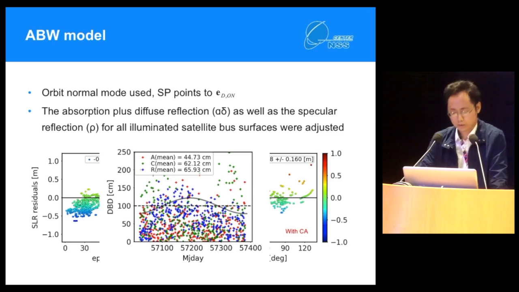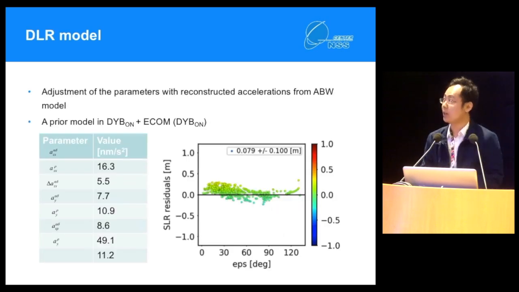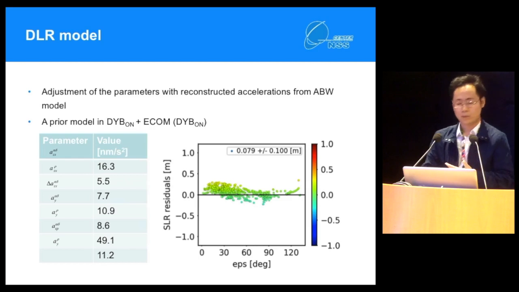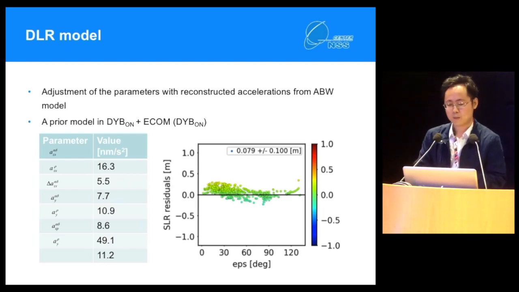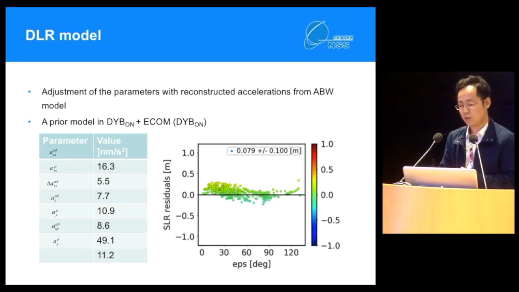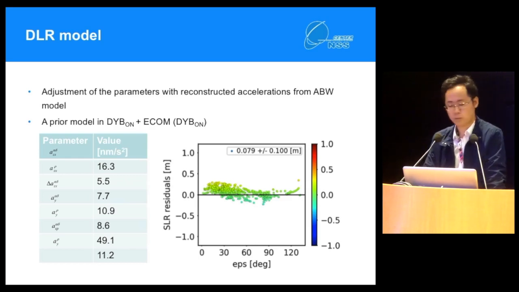So from the ABW model, we try to determine the values of the parameters for the DLR model, which was developed by Oliver Montenbruck. Because the parameters in the model are highly correlated, and the optical and geometry coefficients we use in it are incorrect, it's hard.